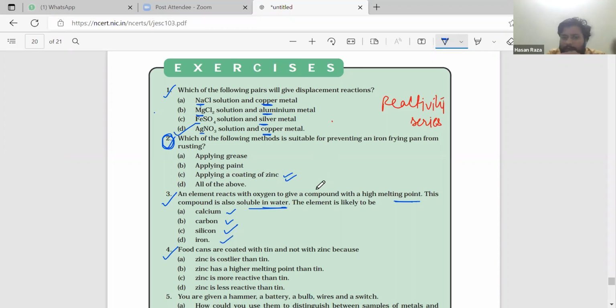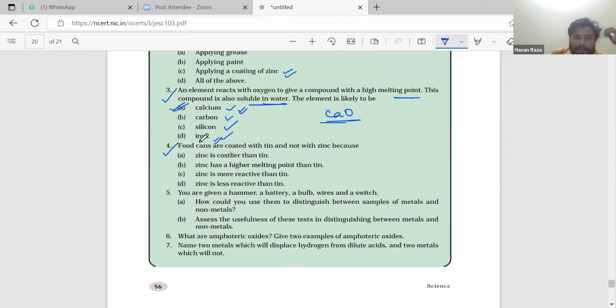Which type of compound has a high melting point? Ionic compound. Oxygen is a non-metal, and ionic compounds form between a metal and a non-metal. If oxygen is a non-metal, the other element should be a metal. So it can be either calcium or iron. Now it is also soluble in water. Calcium oxide is soluble in water. That's why the answer will be A.